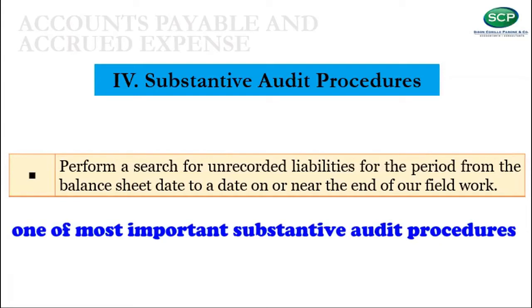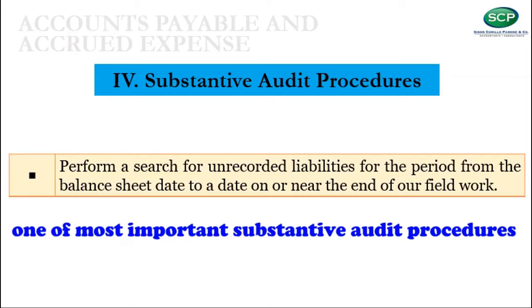for liabilities. Actually, pag nagre-review ako ng work papers for liabilities, itong unang-una kong hinahanap. Searching for unrecorded liabilities means looking for purchases or expenses that should have been recorded by the company as at the cut-off date, but has not done so.